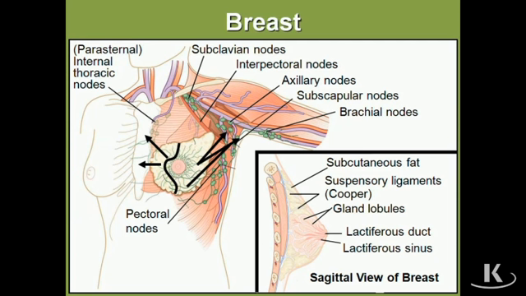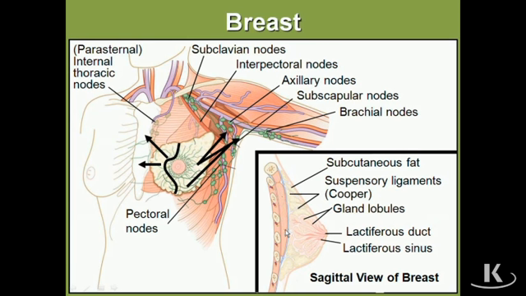There are two major points that I want to cover on this slide. The first is seen in this sagittal view of the breast in the lower right portion of the diagram. This line would represent the skin covering the breast. This is the rib cage of the chest wall covered by muscle.